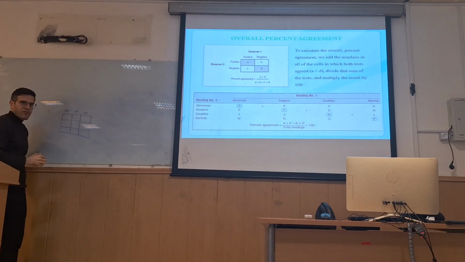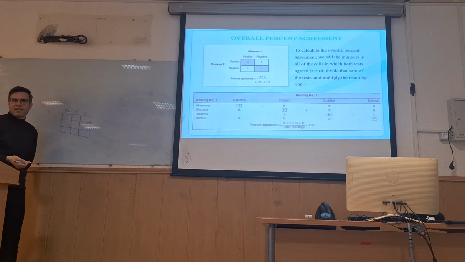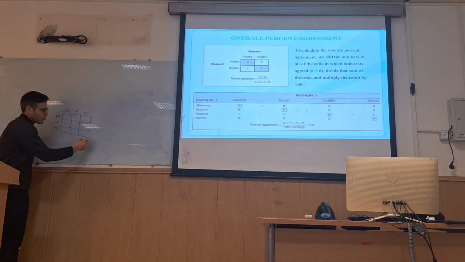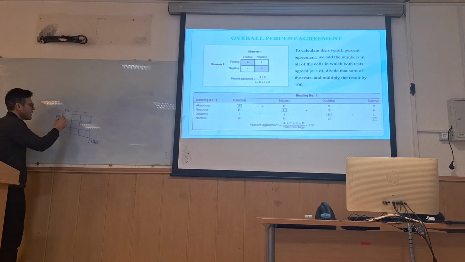For example, we have 2 radiologists, and I ask them to categorize some results or some X-ray examinations as positive, negative, and unknown. Total number is 100, for example, and 25.